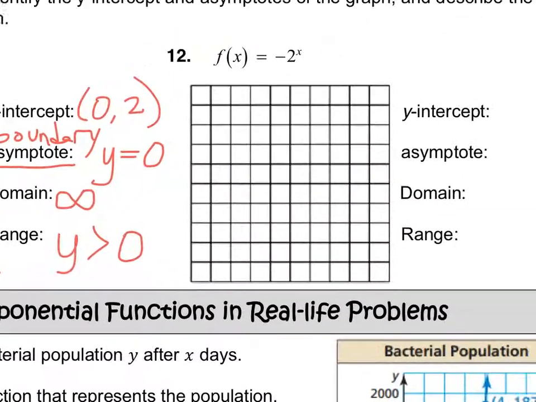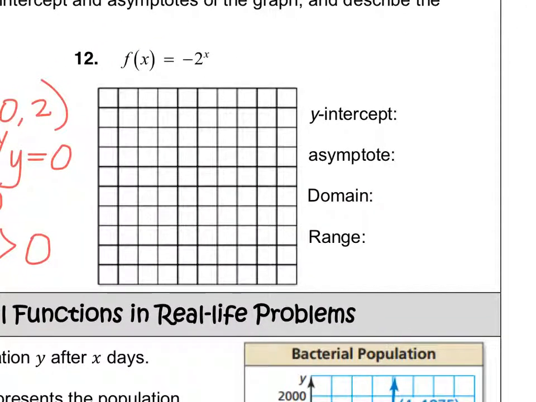Okay, well, let's look at another one. All right, our function this time is negative 2 to the x. Now, since we already know that our b cannot be negative, when I put this in the calculator, I'm going to put it in as negative 1 times 2 raised to the x power. That's the only way this is going to work out in my calculator.